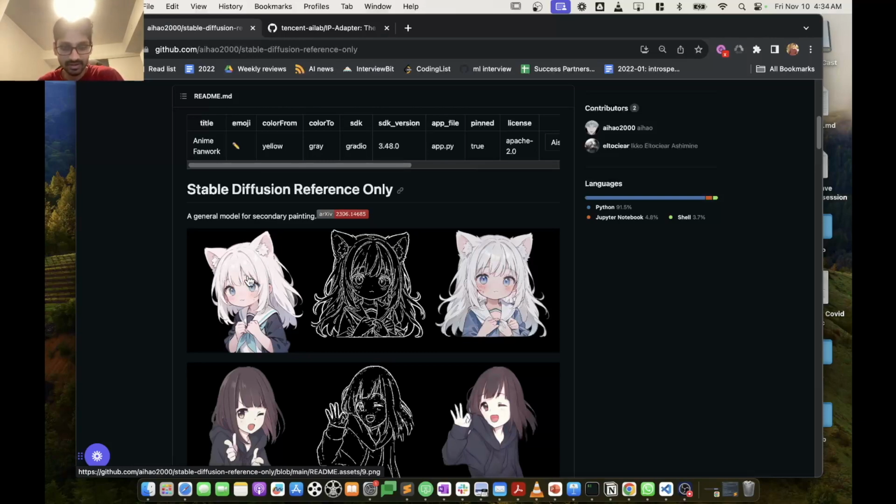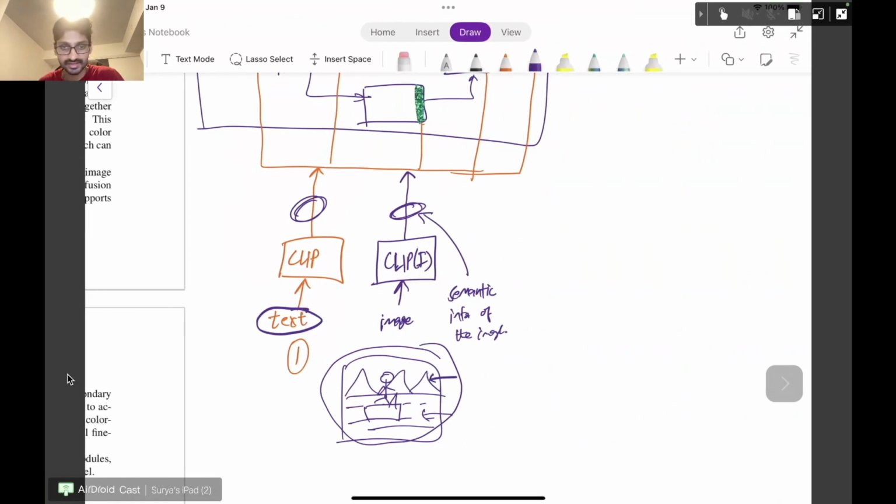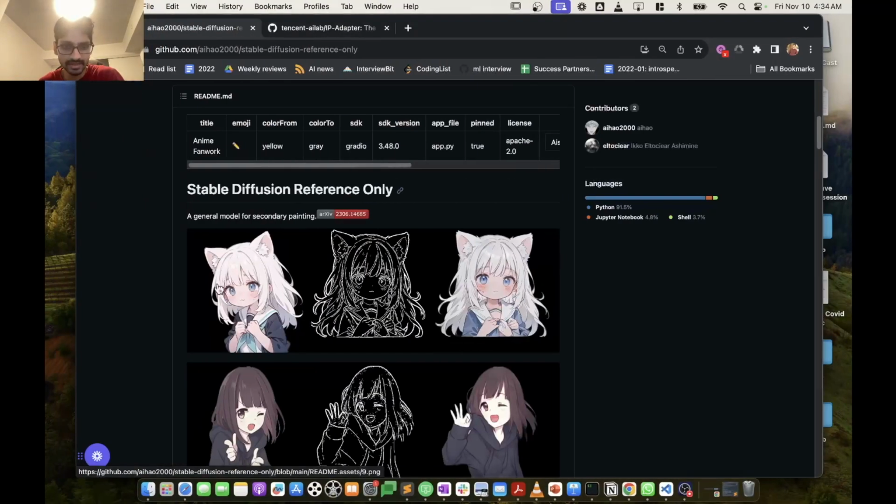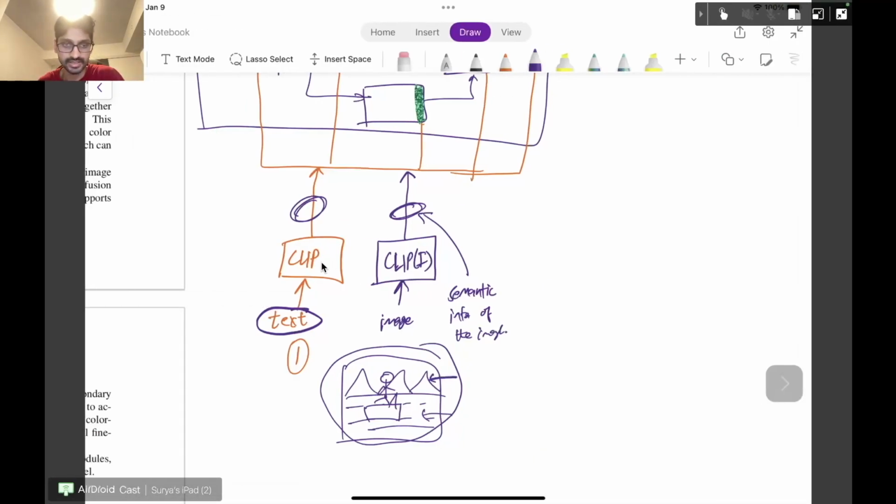That is all the information this can encode. That encoding might not be good enough because we want a much clearer picture of what the input actually is, since there is a lot more detail here that cannot be described in just 77 tokens of text, and that is the limitation of CLIP.